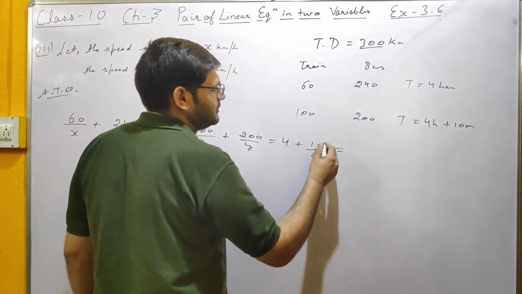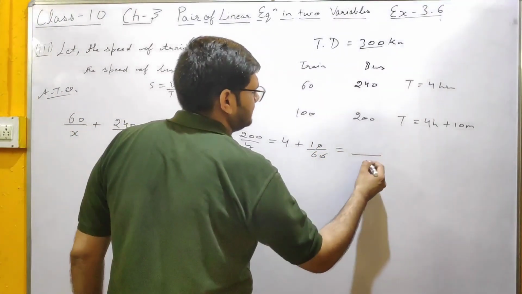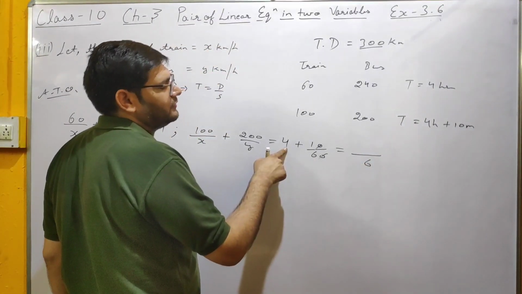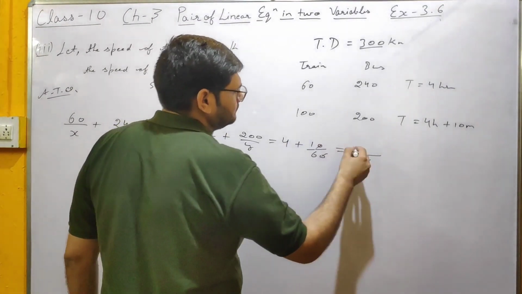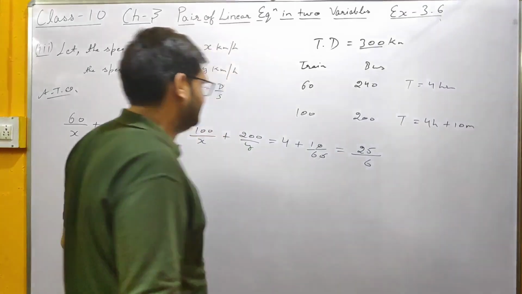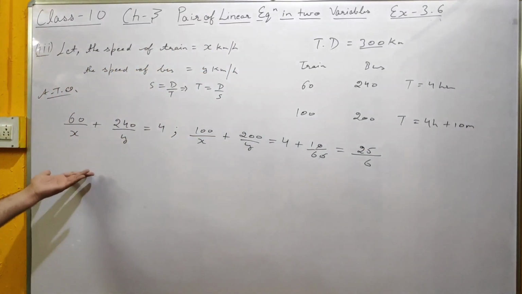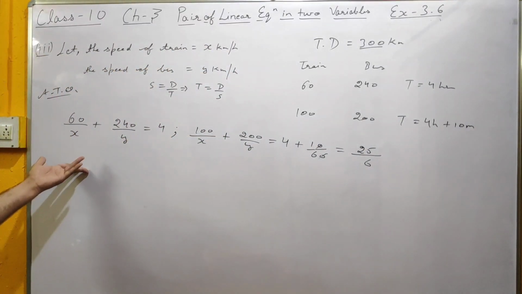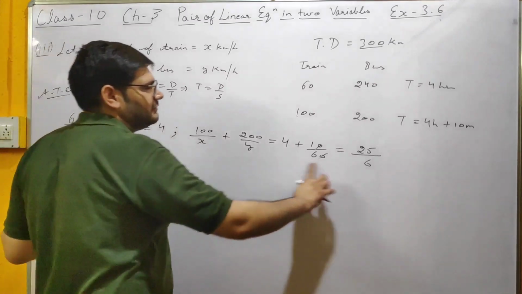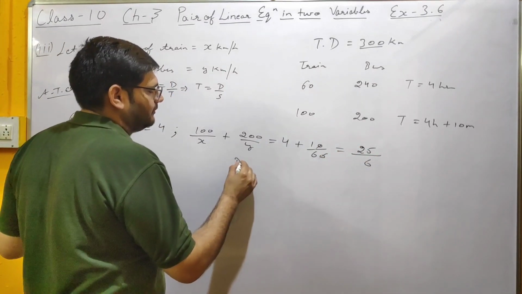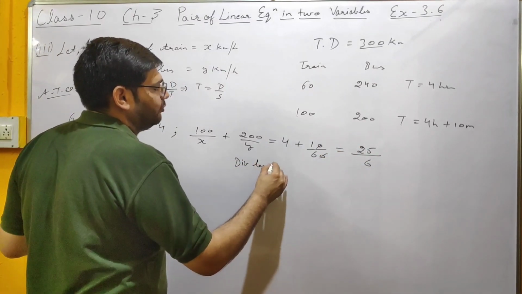You can say 0, 0 cancelled. 6 is the LCM. 6 4s are 24 plus 1, 25 by 6. So now what can we do? Again we can divide this equation by 25. Divide by 25.